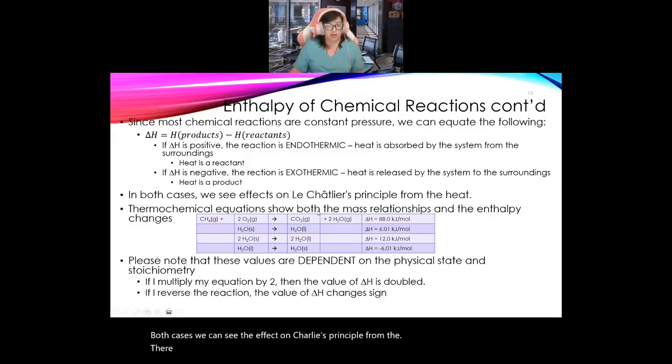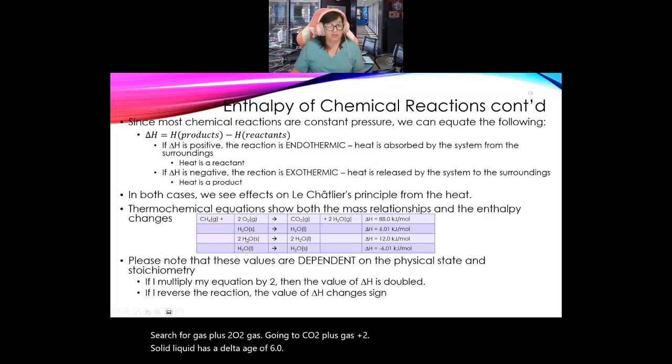Thermochemical equations show both the mass relationships and the enthalpy changes. So, CH4 gas plus 2 O2 gas going to CO2 gas plus 2 H2O gas, delta H equals 88.0 kilojoules per mole. All right. H2O solid going to H2O liquid has a delta H of 6.0 kilojoules per mole.